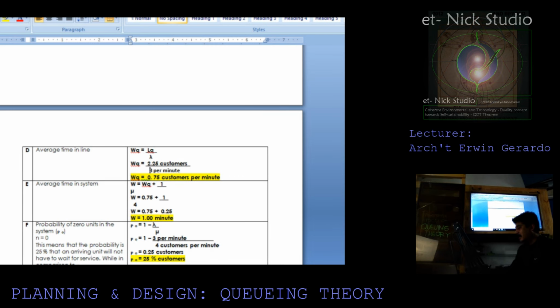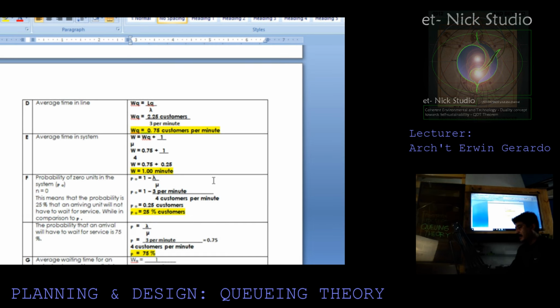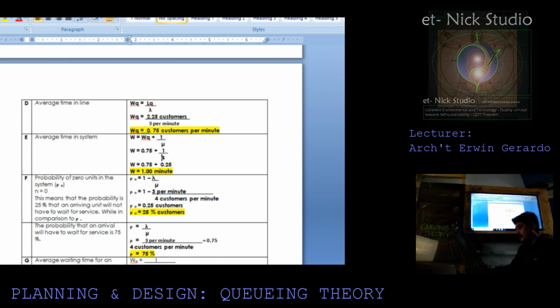Then under letter E, the average time in the system, the formula is here, and we substitute the given data. So we have 0.75 plus 1/4, which is equivalent to 1 minute. So this is the average time spent in the system waiting to be served.